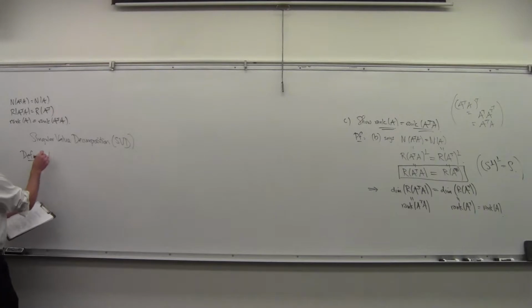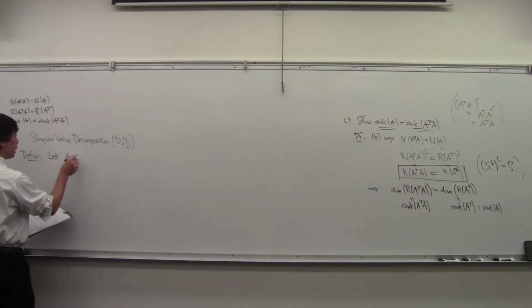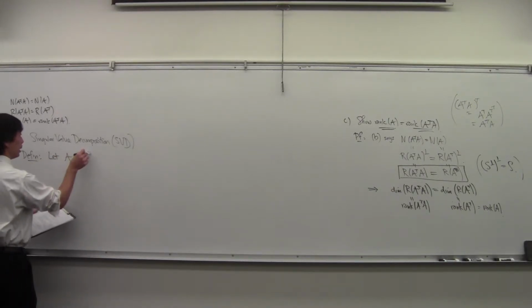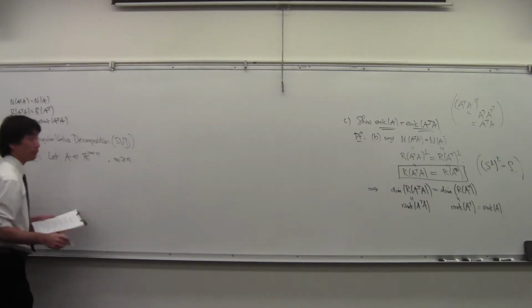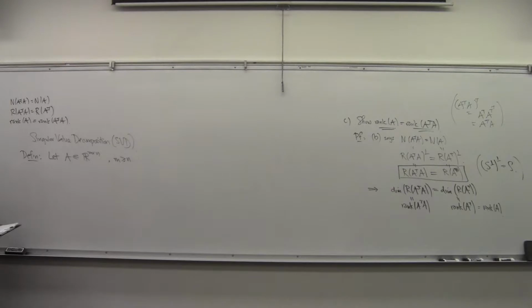Let A be an m by n matrix where m is bigger than n. So the number of rows is bigger than the number of columns. It's a tall matrix.